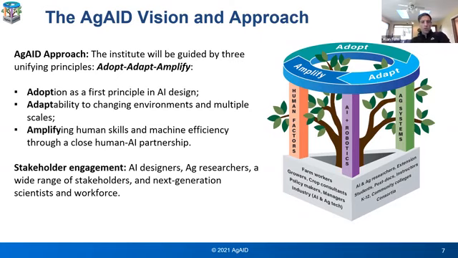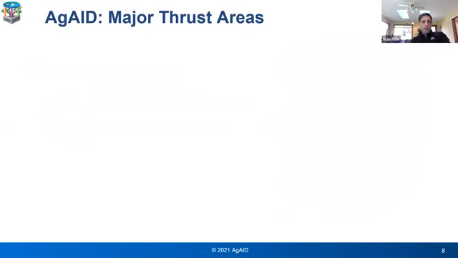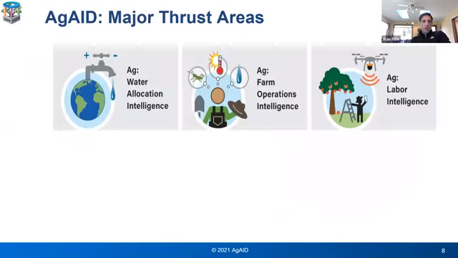I'm not going to go through all of that in detail here, but what I want to do now is talk about our thrusts, the major research thrusts that are guiding our institute. We have a lot of people involved, and so we have to have some way of organizing the work. And right now we have three main agricultural oriented thrusts. These are sort of problem-centric thrusts.